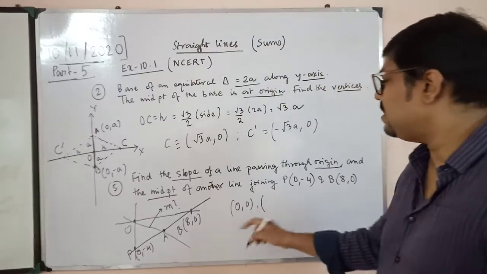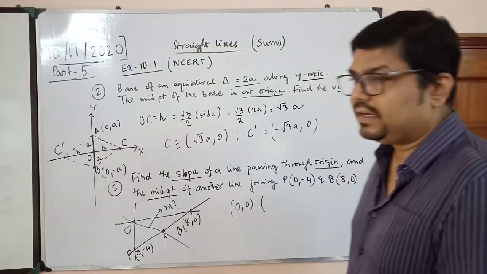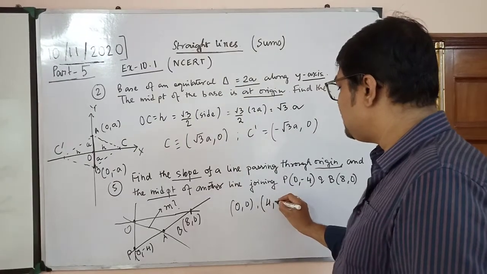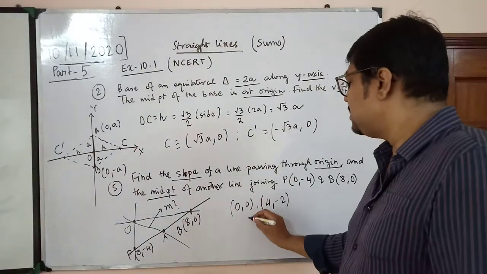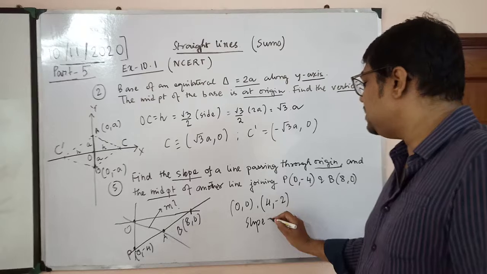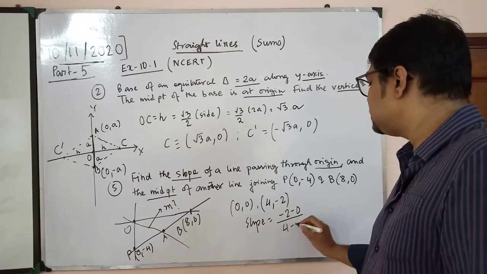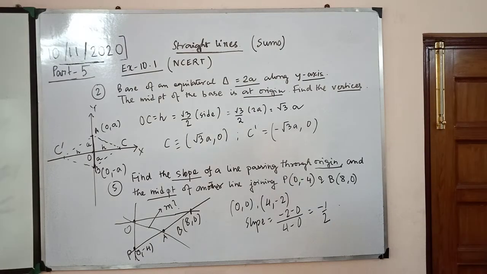You know how to find it: add them and divide by 2. So it will be 4 comma minus 2. What is the slope? The slope is y2 minus y1 by x2 minus x1, which will be minus half. So this is the slope of the line.